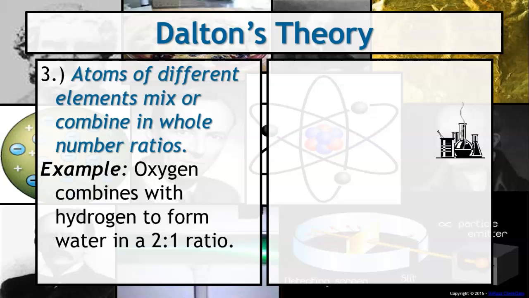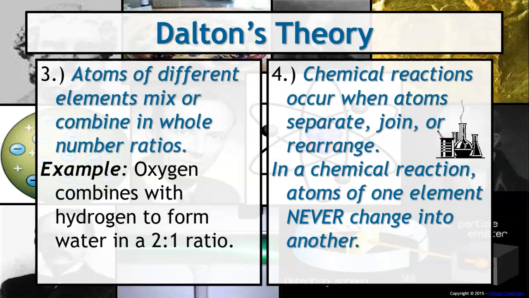The fourth part of his theory was that when chemical reactions do occur, the atoms are either separating or joining, or they're rearranging. And that when that happens, atoms of one element never change into another element.